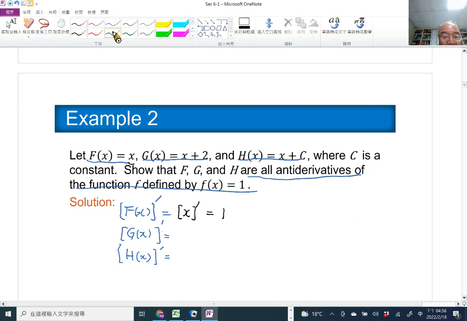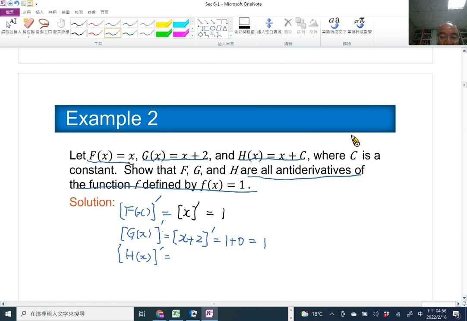Now if capital G of x equals x plus 2, the derivative is equal to 1 plus 0, which is equal to 1. And how about capital H of x? That's x plus c. C is a constant.